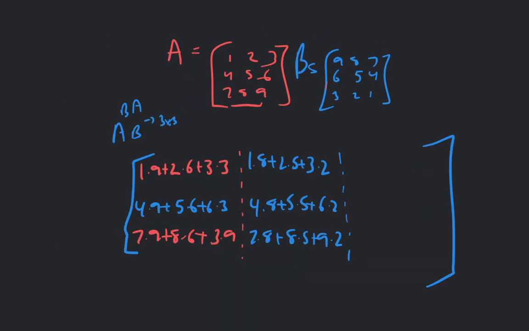And now for the final column, we have these rows multiplying by this column to give these entries. So that gives us 1 times 7 plus 2 times 4 plus 3 times 1, 4 times 7 plus 5 times 4 plus 6 times 1, 7 times 7 plus 8 times 4 plus 9 times 1.